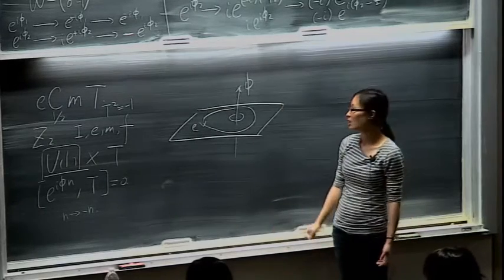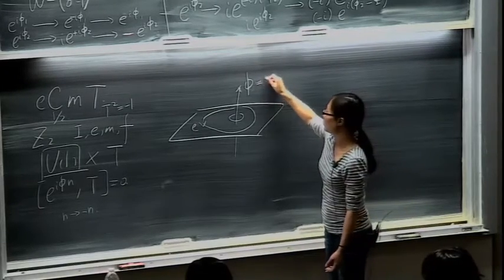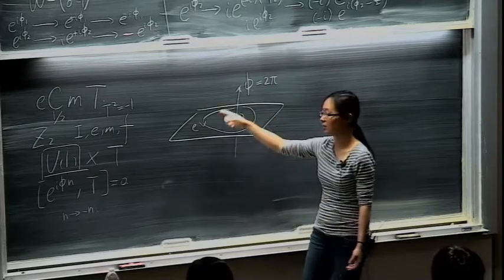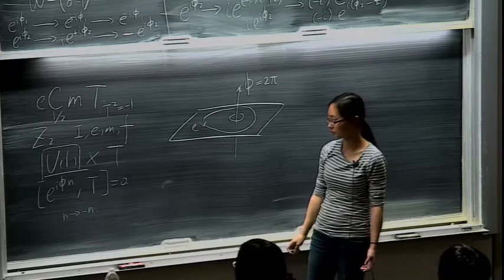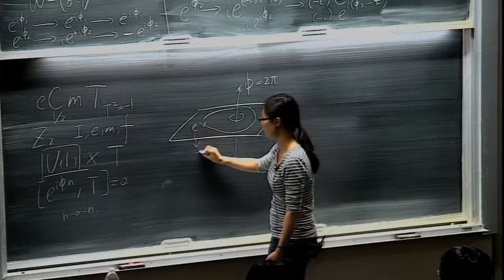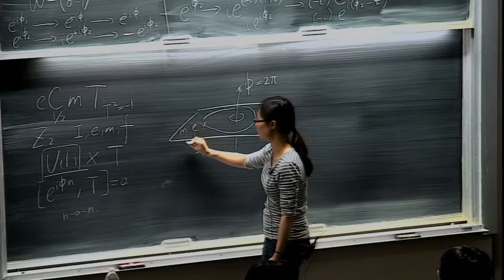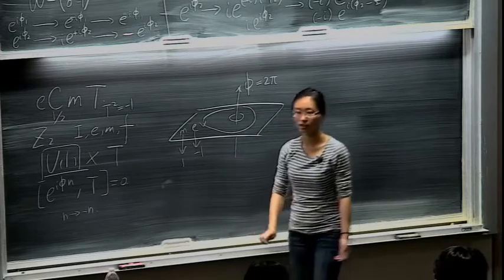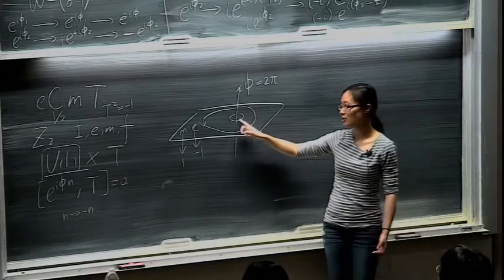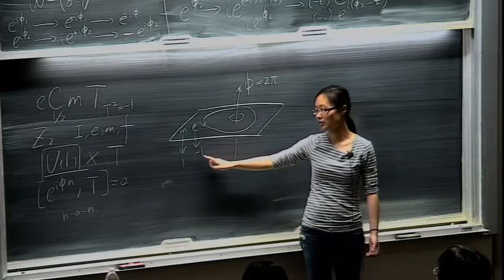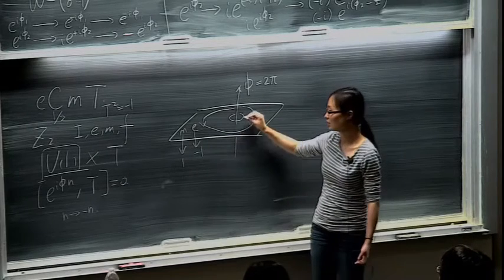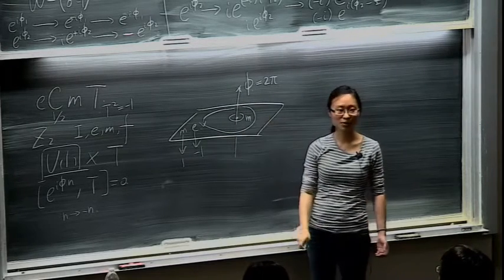Okay. And if the flux is 2 pi, then if the E particle goes around it, because of the half charge, this gives you a phase factor of minus 1. But if the particle is M, this gives you a phase factor of 1. Right? And there's something else which braids around E with a phase factor of minus 1 and braids around M with a phase factor of 1. And that is exactly the M particle itself.